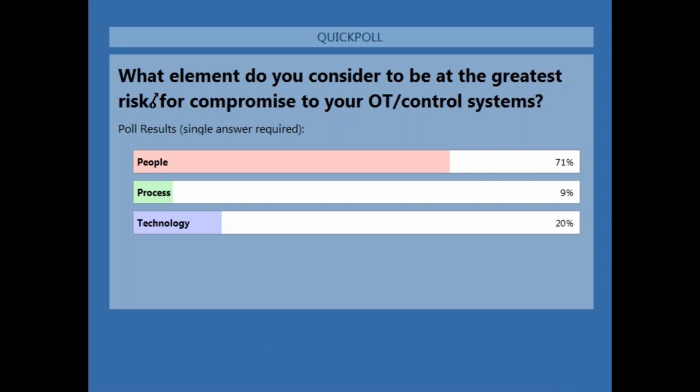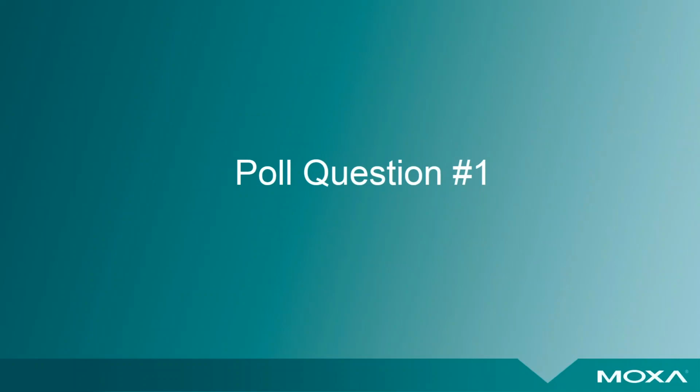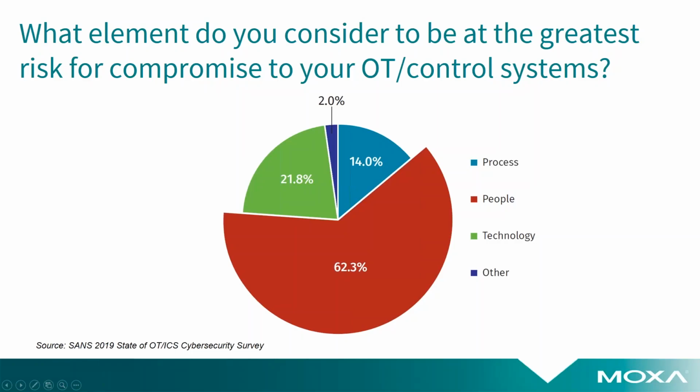All right, and let's take a look at the poll results here. So 71% of you see people as the number one, followed by technology at 20% and process at about 9%. So that's pretty close to what we've seen. We'll go back to the slides here, and I'll share the survey results from the SANS Institute survey.